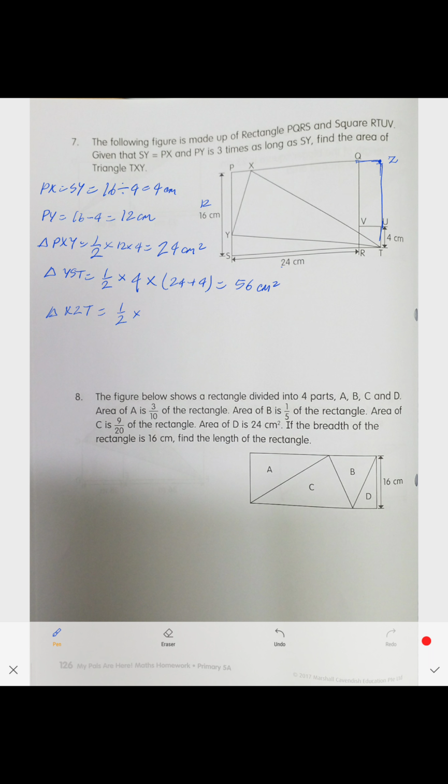One of the sides is the same as this one, PS. So this side ZT is going to be also 16, right? What is this thing? Interesting, right? So this is 4. This is how much? Oh, that's actually not 4, right? 24.